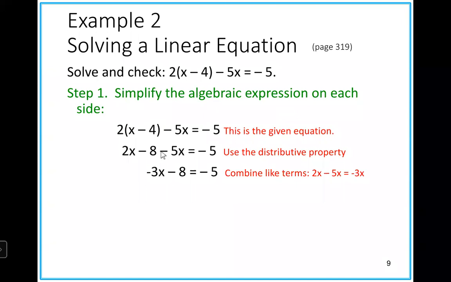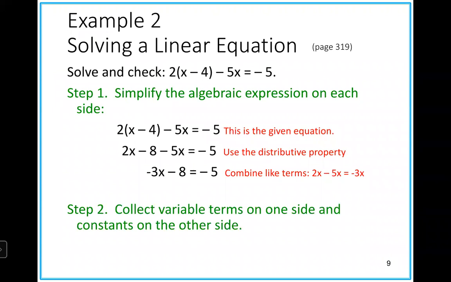So it's 2x minus 5x gives you -3x, and then -8 equals -5. So you combine 2x and 5x to get -3x. 2x minus 5x gives you -3x.